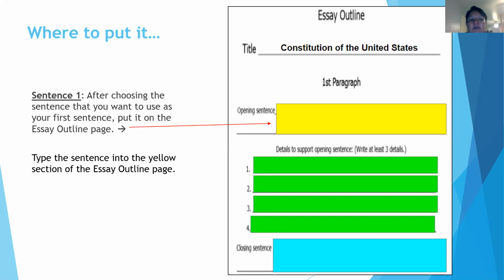So that's where you're going to write your hook sentence. And I told you in the slide before to use the question. Use the question to write your hook sentence. So the one that you put in the question part, you're going to write that whole thing in here.